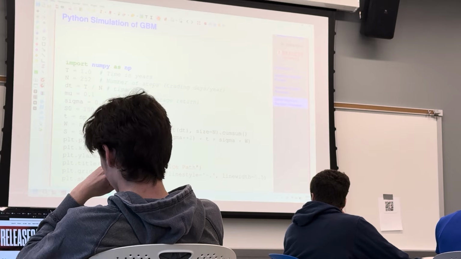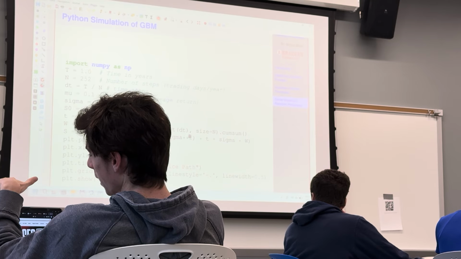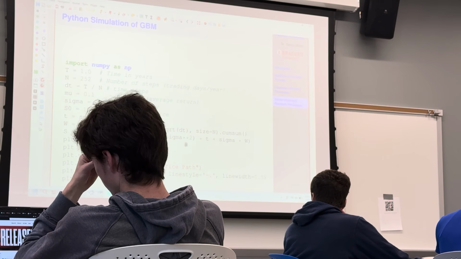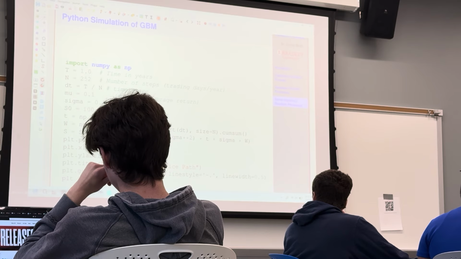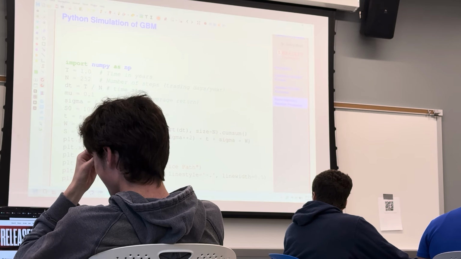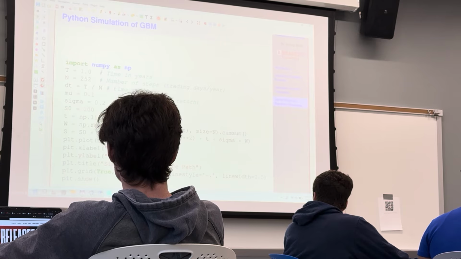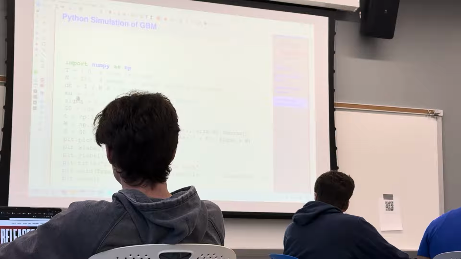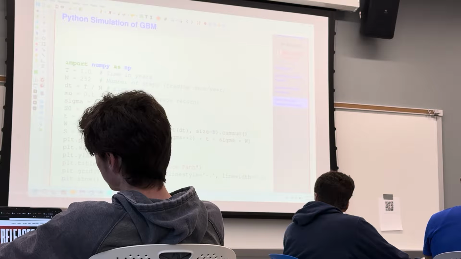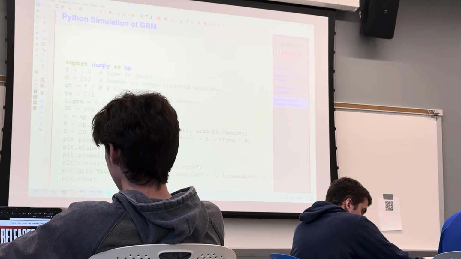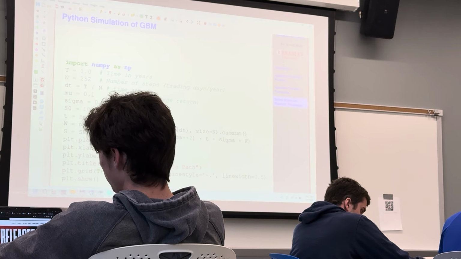For the computer assignment, you may want to start using this equation as the starting point. What you have to do is collect data, so you have to come up with this mu and sigma based on the data. You may want to modify this code and work on the computer assignment. This is very helpful for you.